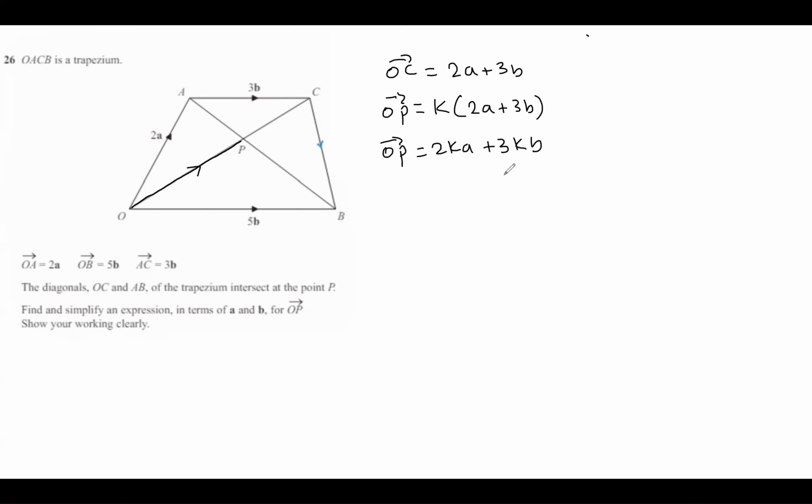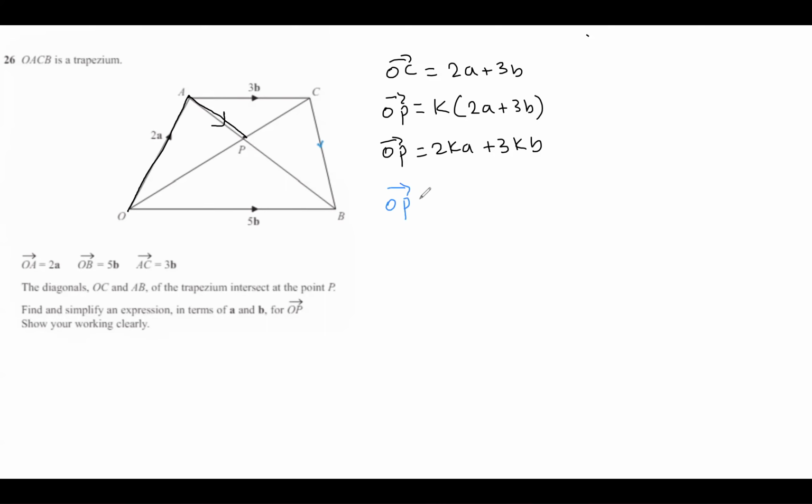All right. Now, we want to express OP in another way. So can we express OP in a different way? Well, we should be able to, because OP can also be expressed by going from O to A and then A to P. So I'm going to use a different color pen.